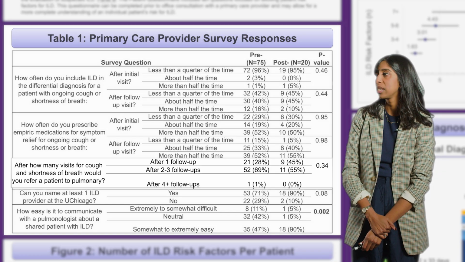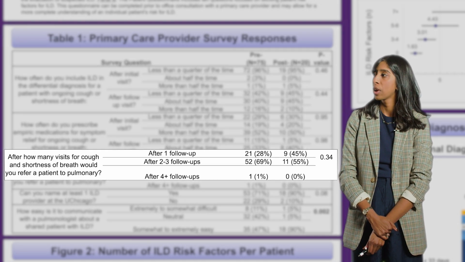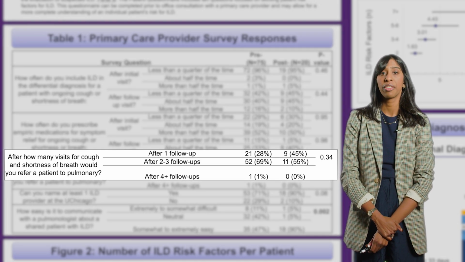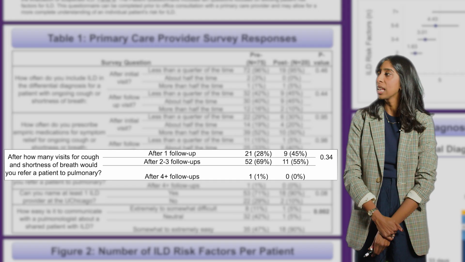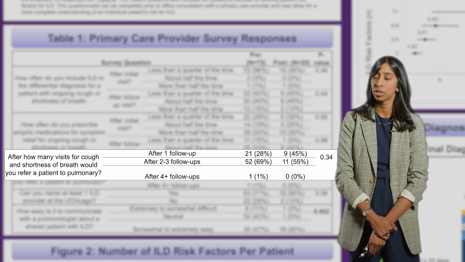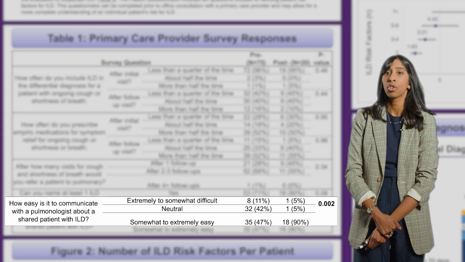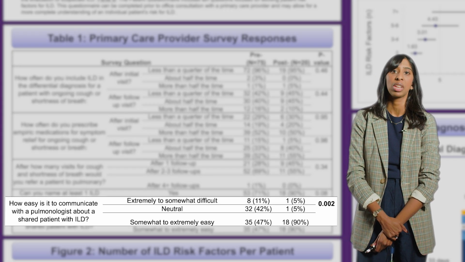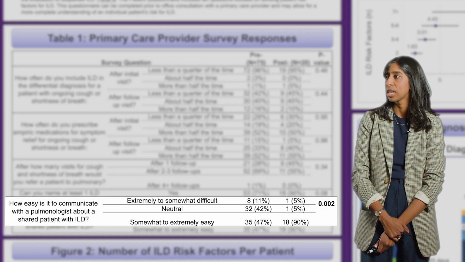And some notable findings included that following our intervention, there was a trend toward reduced number of visits with the primary care physician before placing a referral to a subspecialist ILD provider, and a trend of increased familiarity with institutional ILD providers. We also find that there was a statistically significant increase in the ease of communication between primary care providers and interstitial lung disease providers at our institution.